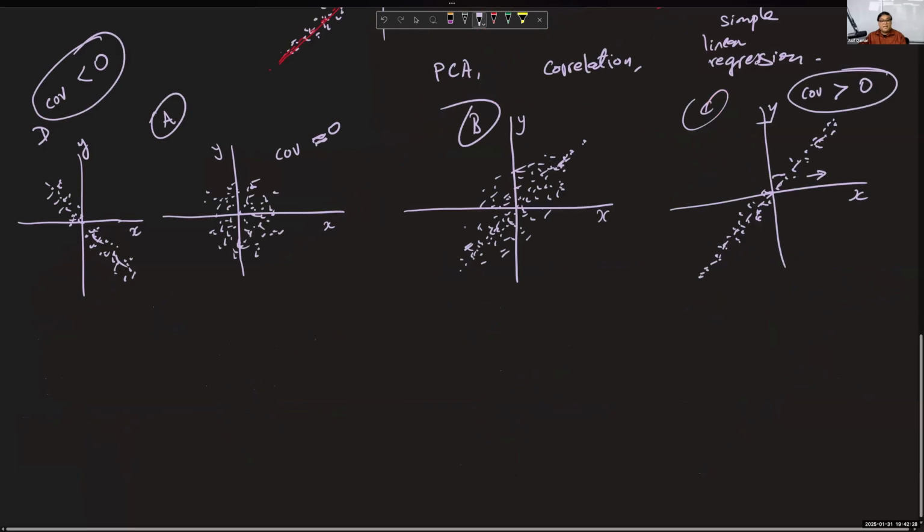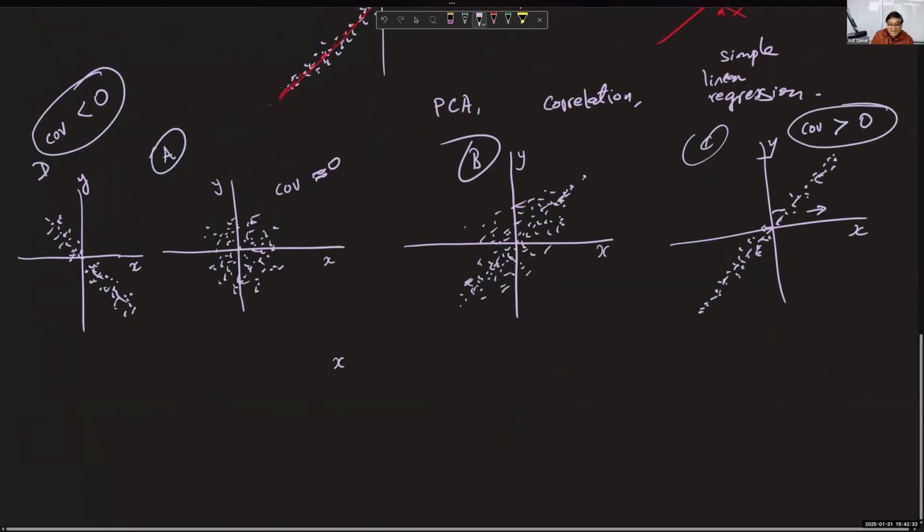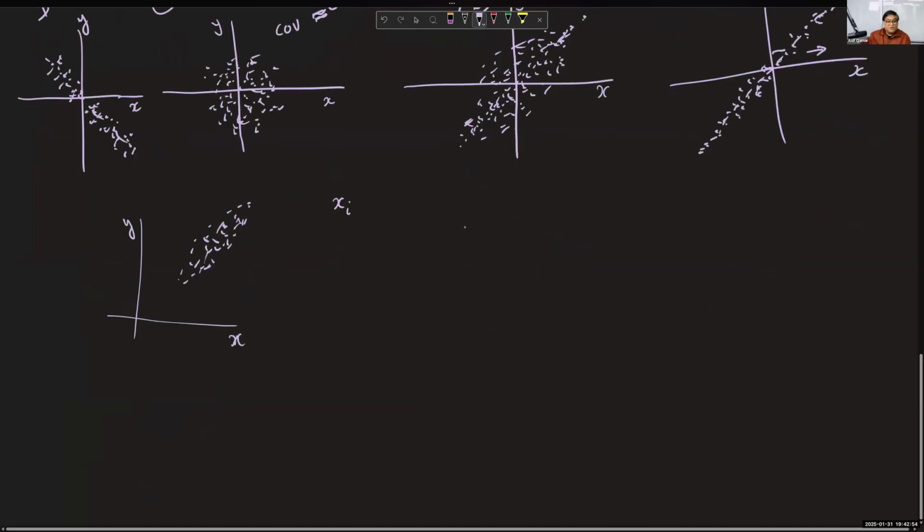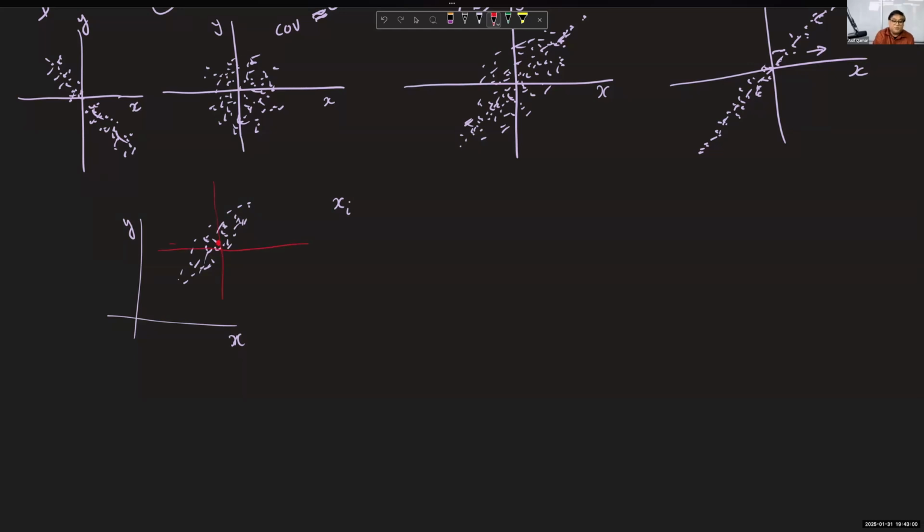So suppose data comes to you like this. Suppose this is x and this is y. What you need to do is first you need to go and sit squarely in the center of the data. You need to change your coordinate system. Then it is easier to see.